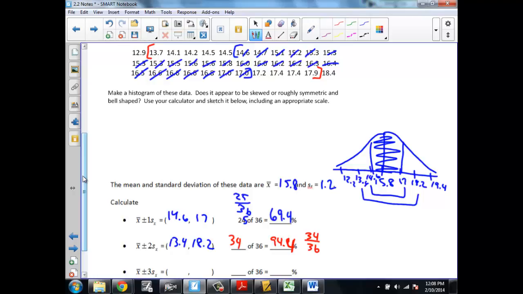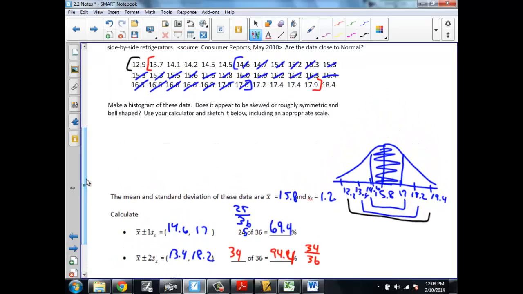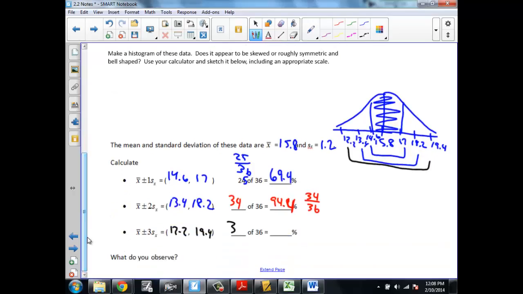And my third standard deviation, 12.2 to 19.4, that includes all of them. 36 out of the 36, that gives me 100%.